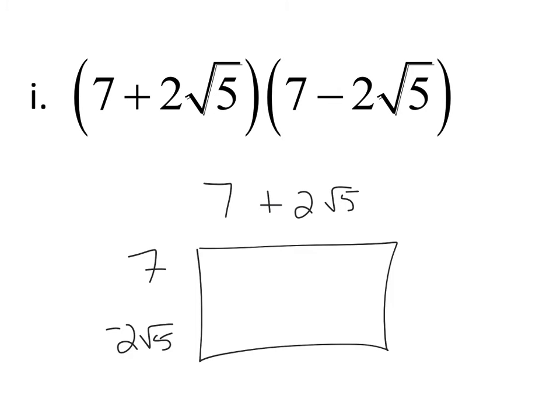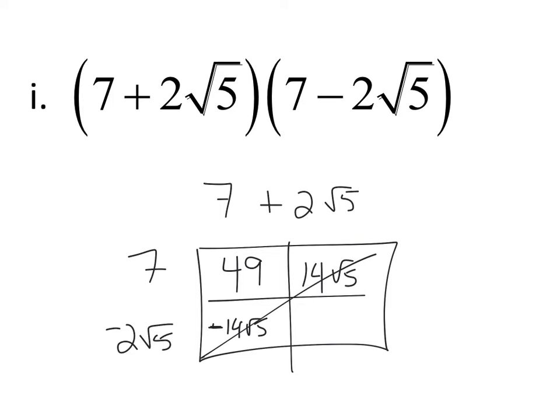And you'll see here, look. So 49, because 7 times 7 is 49. Then you get 14 rad 5, because 7 times 2. And then negative 2 times 7 is negative 14 rad 5. Look, they cancel out because they're the same thing, opposite signs. Then you get negative 4. Rad 5 times rad 5 is just 5.